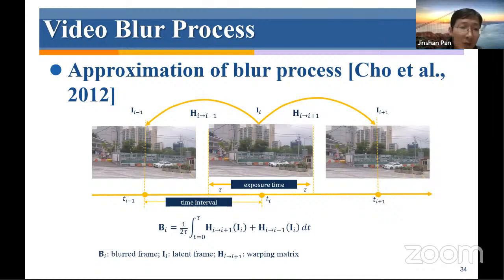And this physics model was first proposed by Dr. Cho, Professor Lee, and Dr. Wang in their SIGGRAPH work. And we can see that this is an ill-posed problem because we only know the blurry video and don't know the trajectories H and the clear videos I.